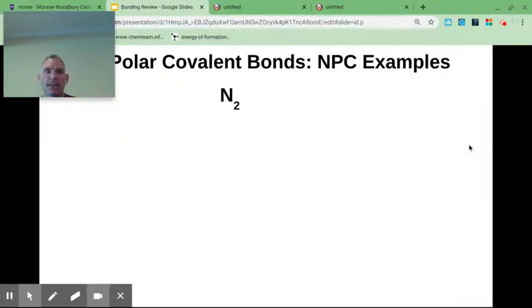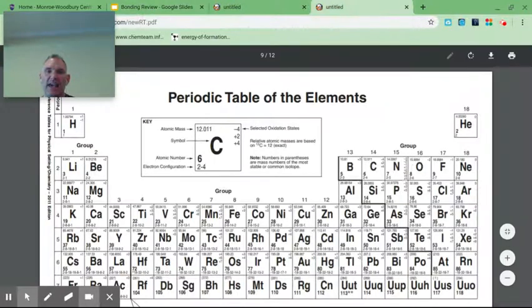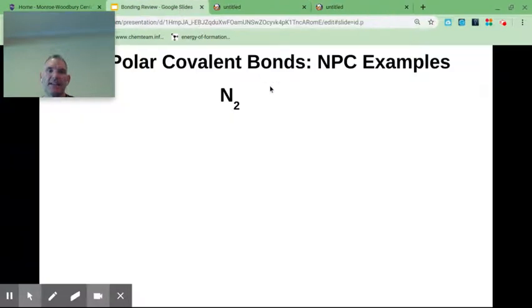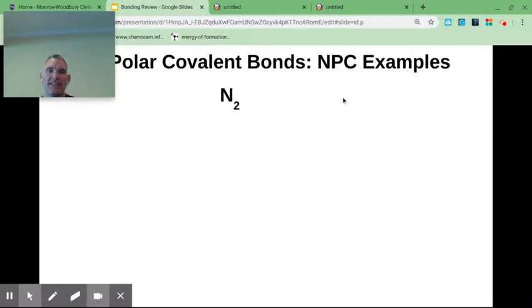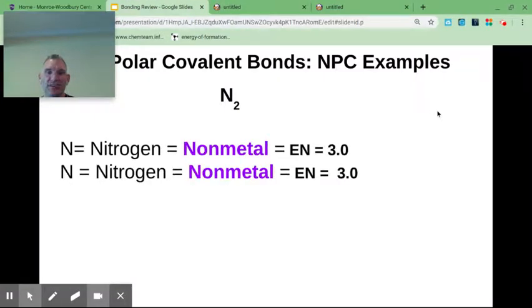N2. Obviously, it's N2, so that means there's two N's and they're both from the same side. That makes it, again, two nonmetals. If I go to electronegativity, that's going to be 3.0. So it's 3.0 minus 3.0 gives me 0. Notice 0 is in the range from 0 to 0.4, which makes it nonpolar. Now, this is the one that we did in class several times.